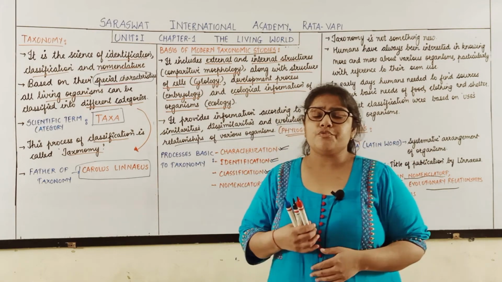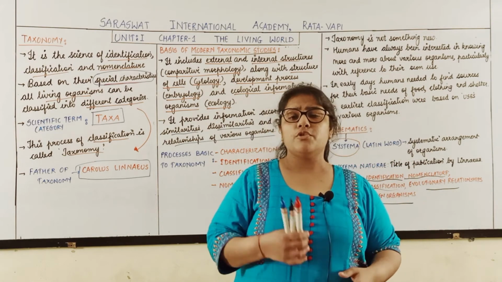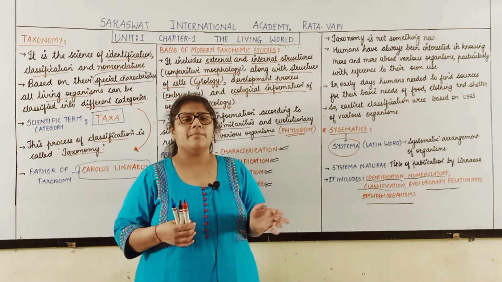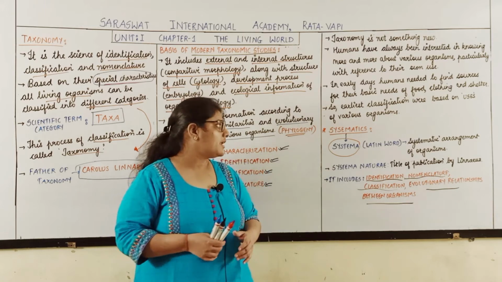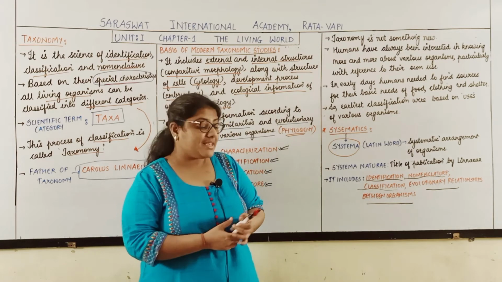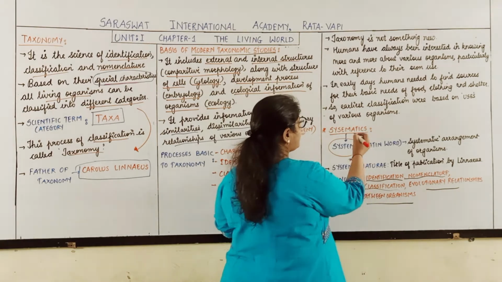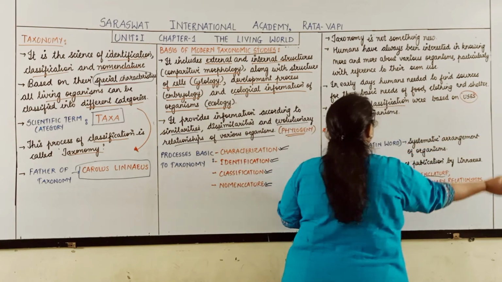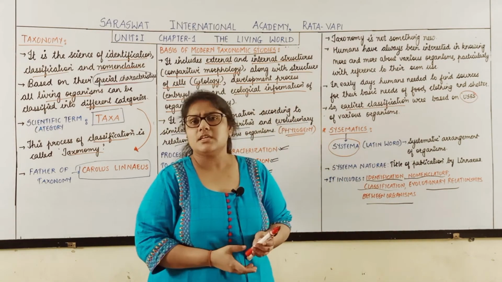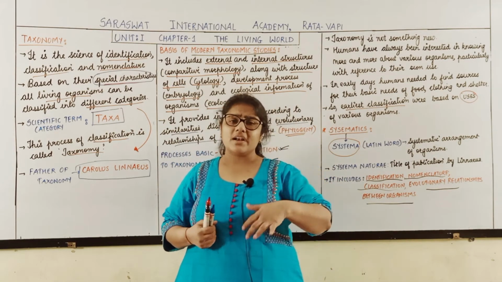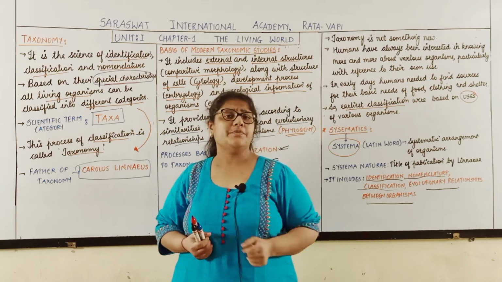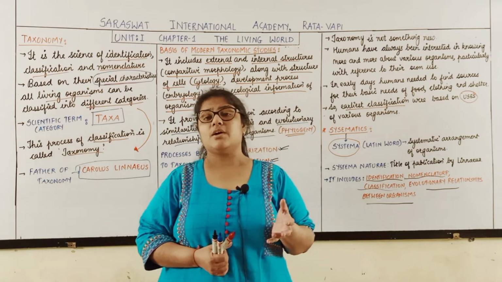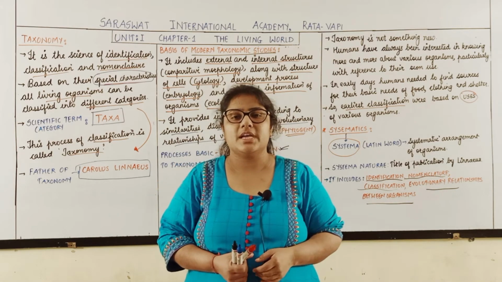So, to find sources for food, clothing and shelter, human beings took the help of the organisms. We can say that the earliest classification systems were based on the uses of the various organisms. On what basis was classification done earlier? On the basis of uses of organisms.